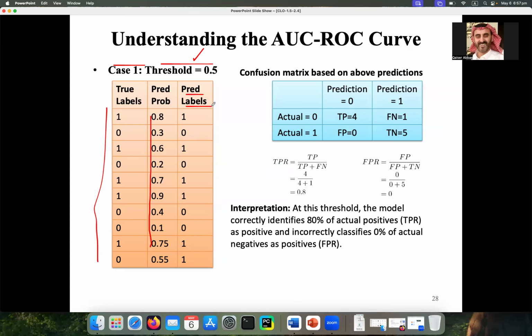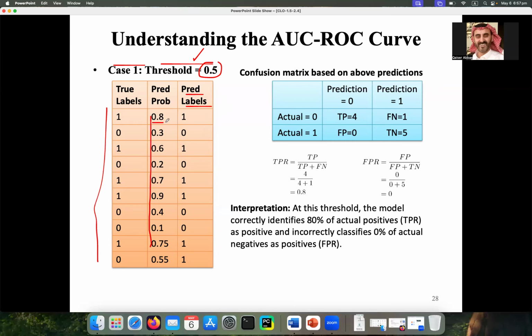Now the prediction label is different; this you have to calculate. If the threshold is 0.5, what does it mean? If the probability value is 0.5 or less, this is class 0, and if the probability value is higher than 0.5, this is class 1.